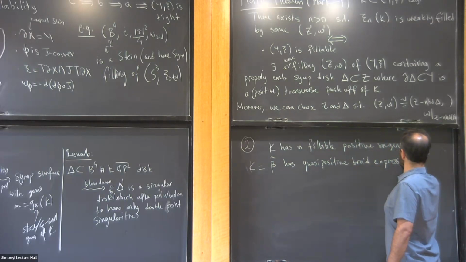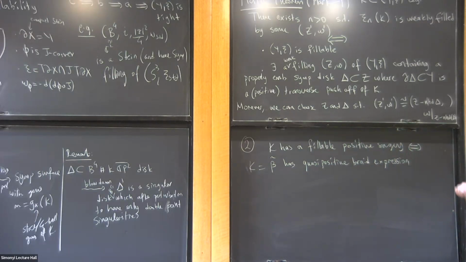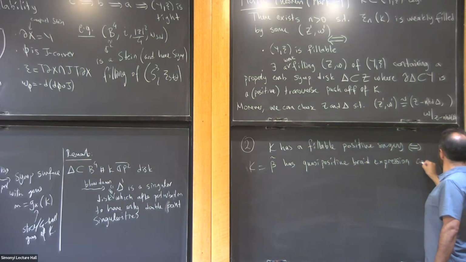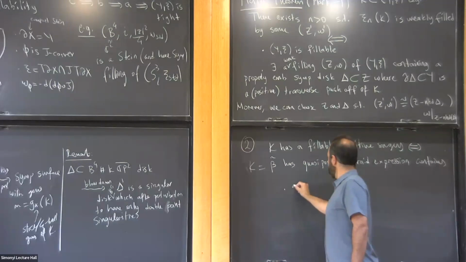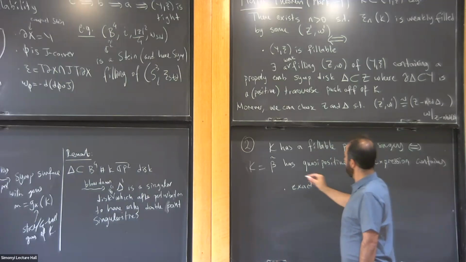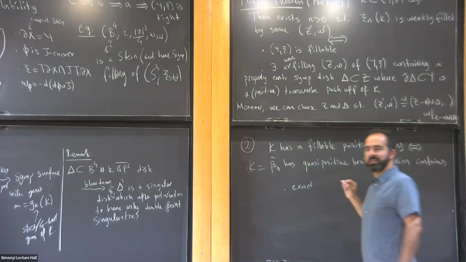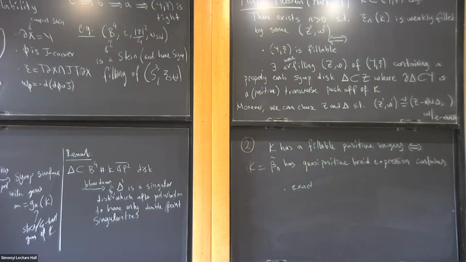But here are the conditions on this that will certify, it doesn't matter whether you are slice or not slice, you will have fillable surgery. Containing exactly two things. And by the way, let me emphasize, this is a braid with braid index n. That is important, that n.